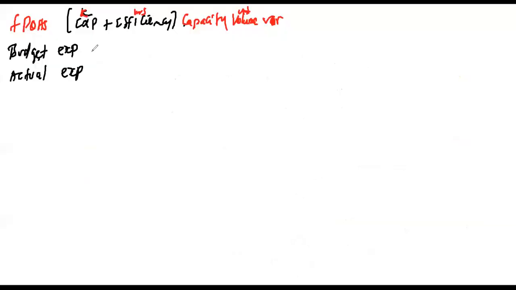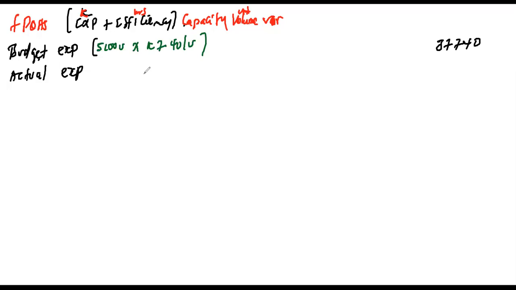So the budgeted production was 5,100 units. You multiply by 7.4 per unit, and you have 37,740.